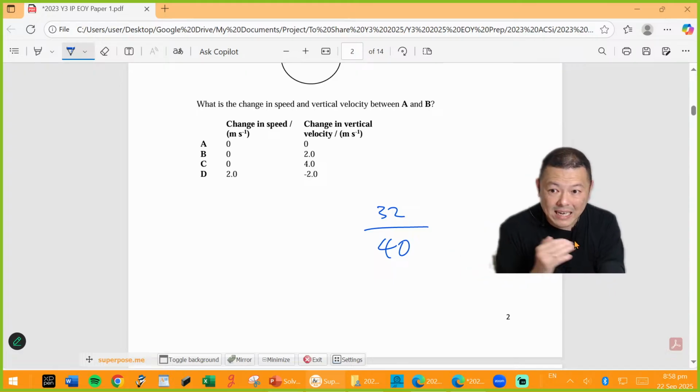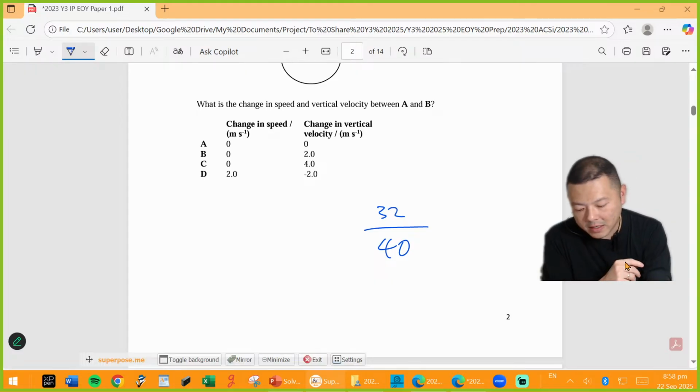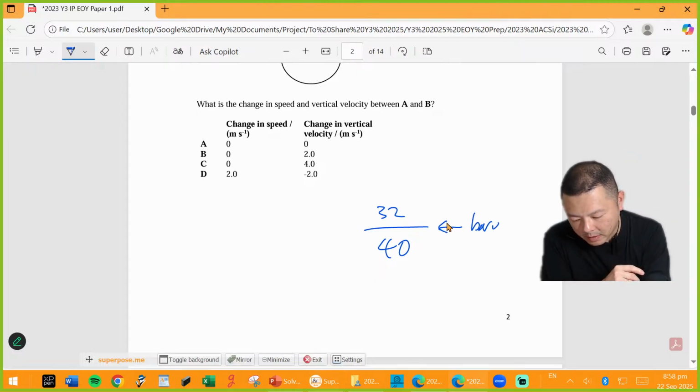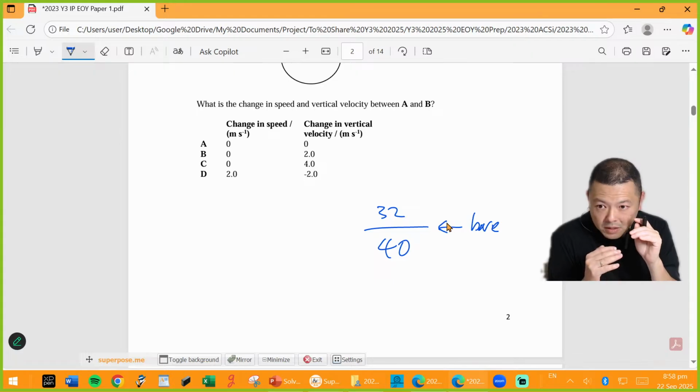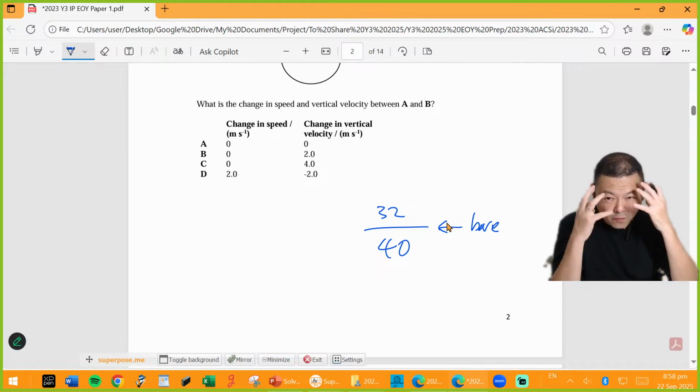32 out of 40 is a bare minimum, meaning that if you want to get A1, you're borderline not getting the A1. Because this is an indication that you have good understanding, but you're quite careless. So this is the bare minimum. The trick to physics is this: you get it, that's great. There is no way to force your understanding.